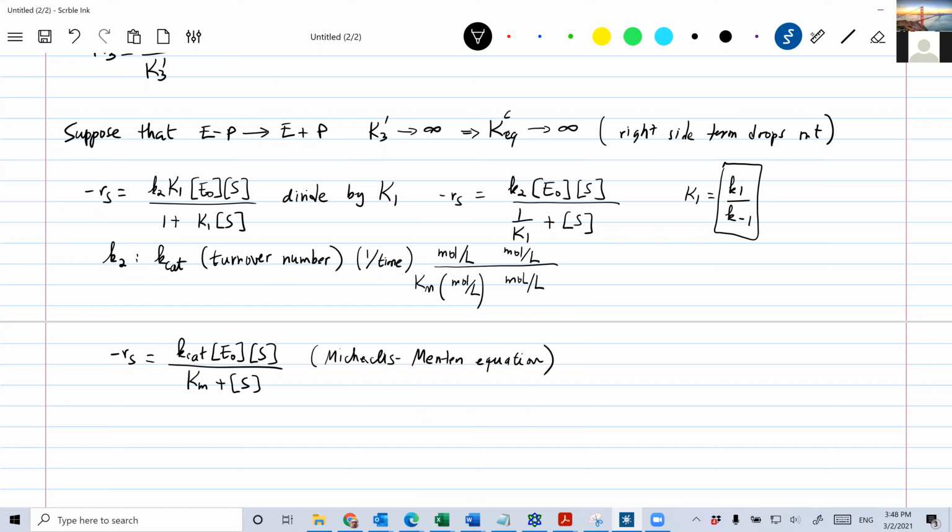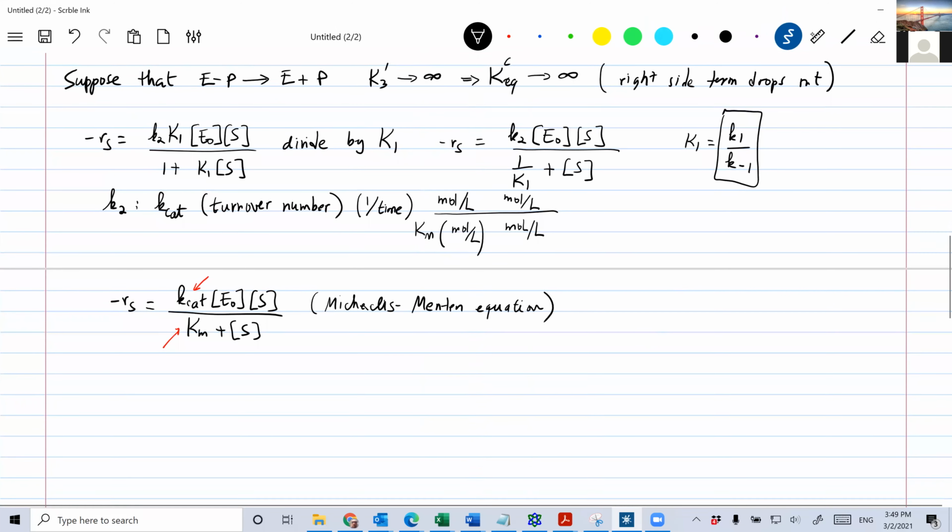This is what one often uses to calculate the kinetic constants of enzymes. So the two kinetic constants of enzymes are Kcat and Km, where the Kcat is the turnover number, and the Km is an affinity of the enzyme for its substrate.